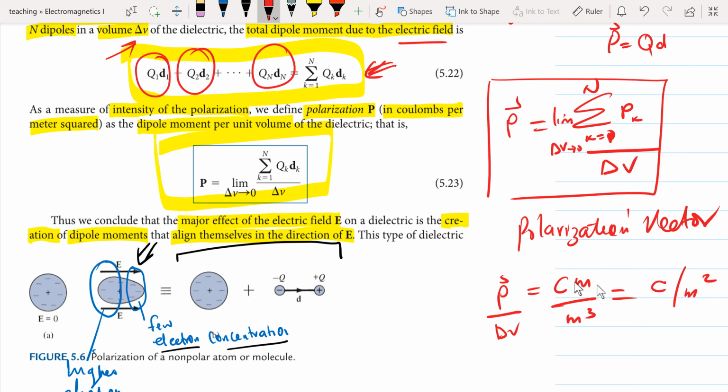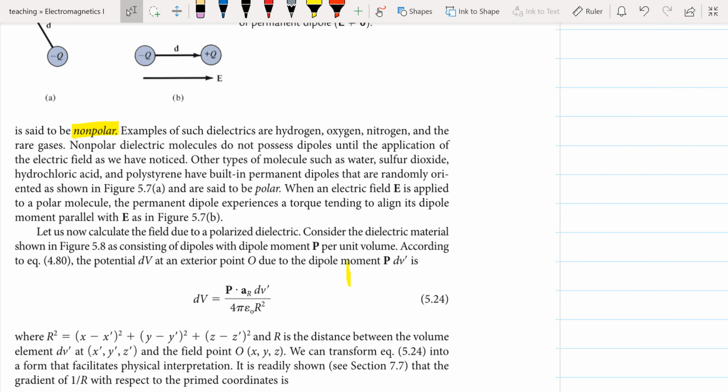And thus, we conclude that the major effect of electric field E on a dielectric is the creation of dipole moments that align themselves in the direction of electric field E. And this type of dielectric is said to be nonpolar.